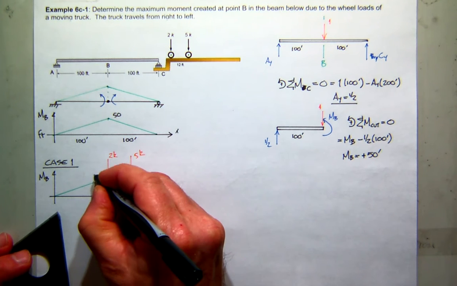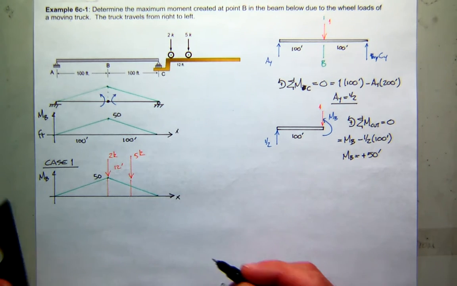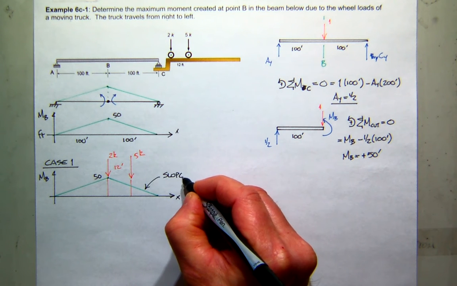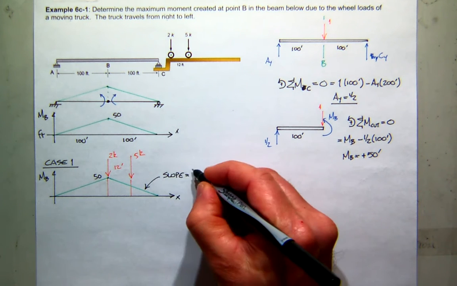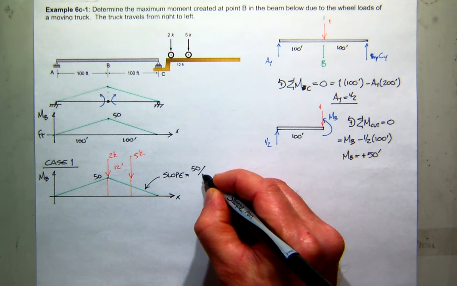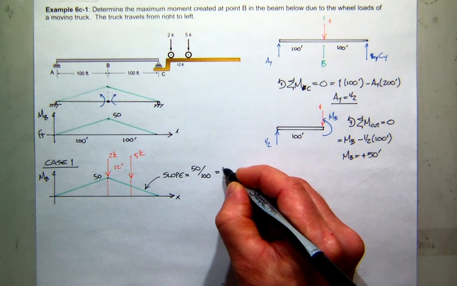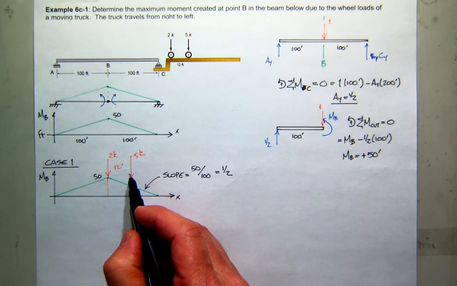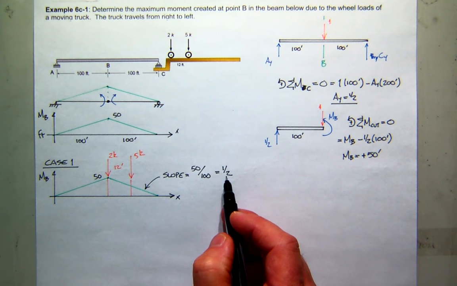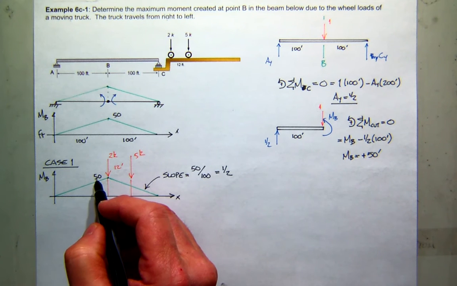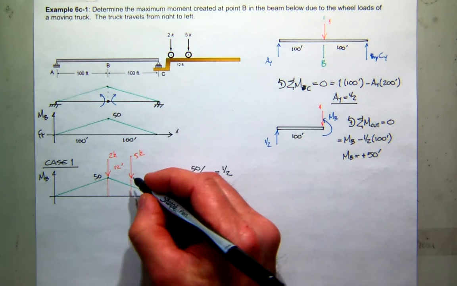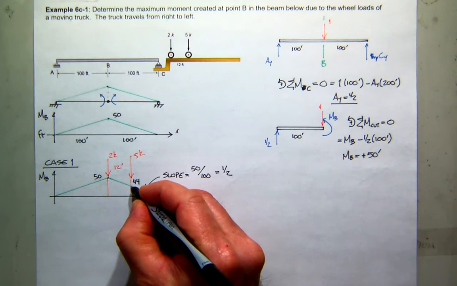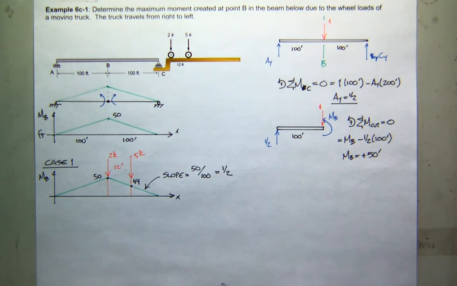So I already know this value is 50. What's the slope of my line? Well, it's rise 50 over run 100, so it looks like it's a half. So if I go 12 feet, that means I'm going to drop 12 times 1/2 is 6. So 50 minus 6 is 44. So that's my value here, and that's my value there.